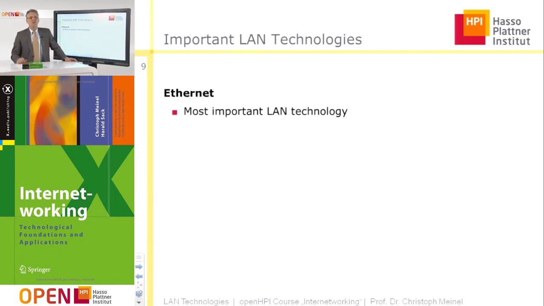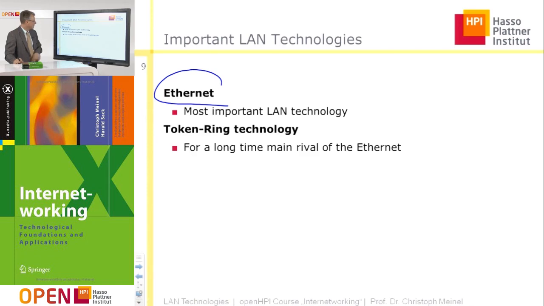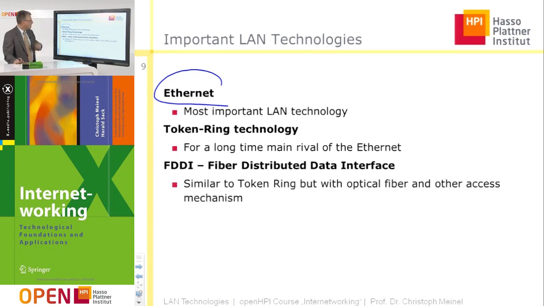Now let's have a look at important LAN, local area network technologies. The most famous local area network technology is the Ethernet. Beside the Ethernet, there is the token ring technology. Over many years it was a main rival of the Ethernet, but the Ethernet made it.